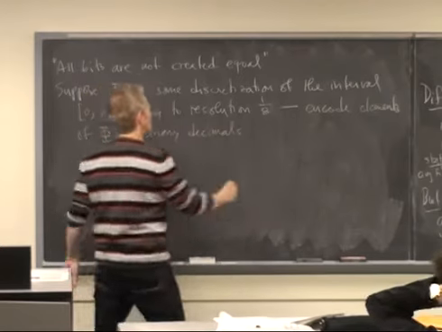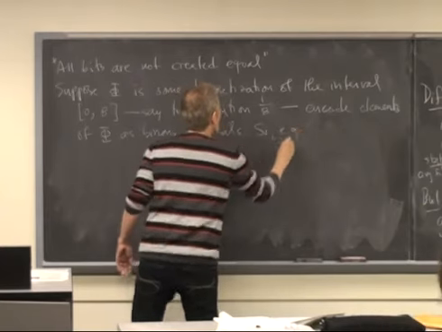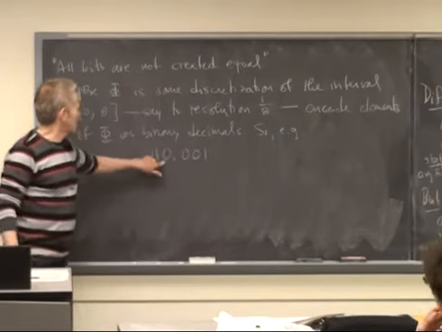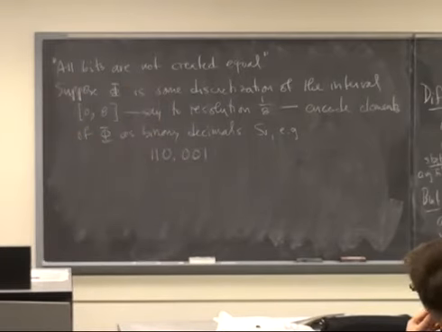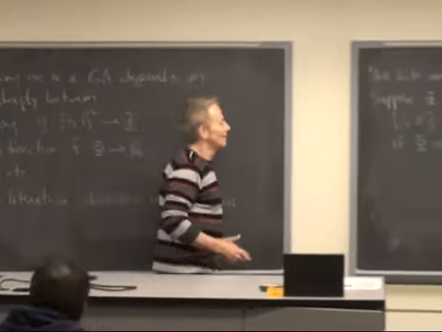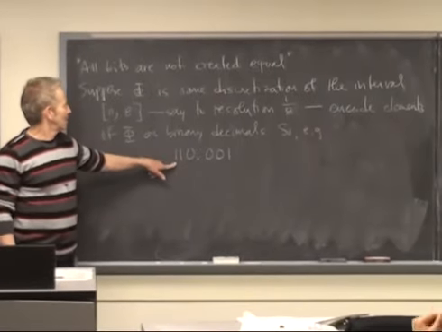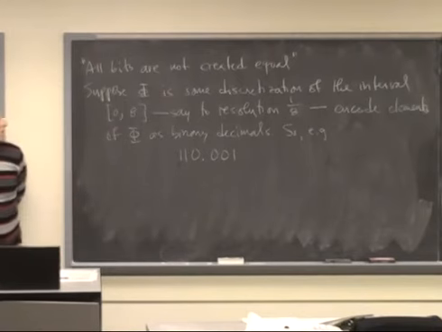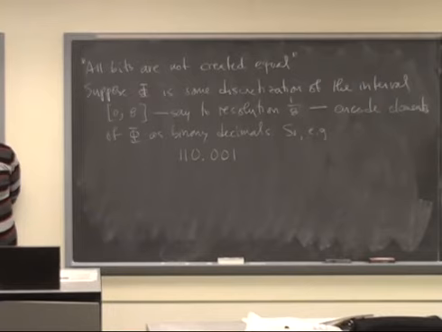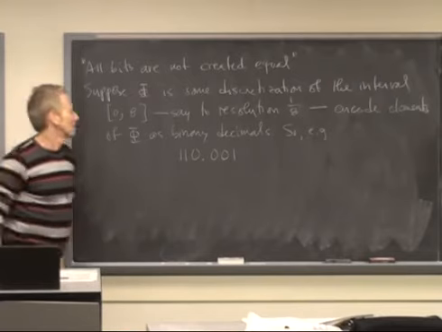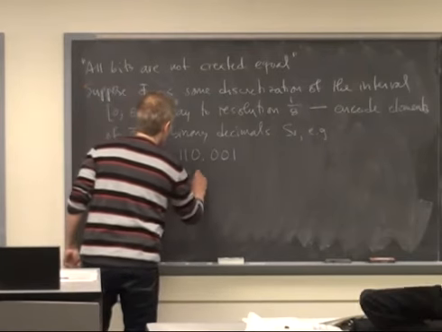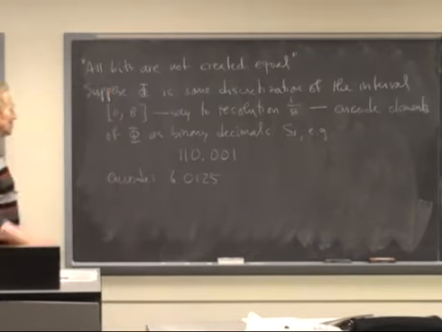For example, say I have this binary decimal, 110.001. I always wonder why they call them binary decimals. Care to hazard a guess what this encodes? 110.001? 6 and 1/8, which I will write as 6.125.